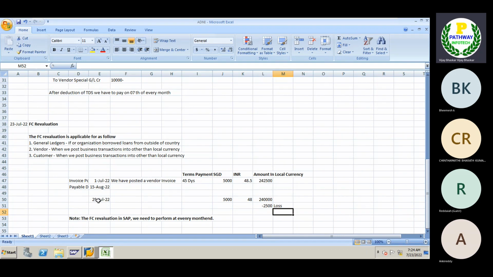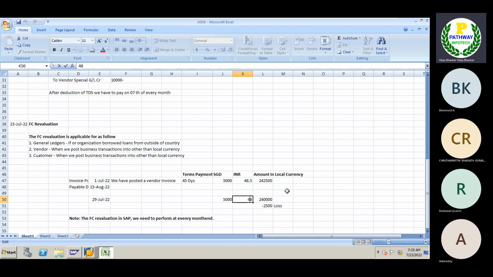The moment the month end 29th of July reached, the conversion exchange rate moved from 45.8 to 48 rupees. Now my original value, the current value which I have to pay, the invoice amount, has changed at month end.